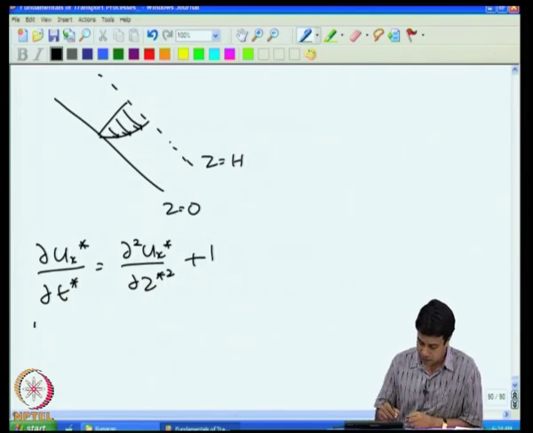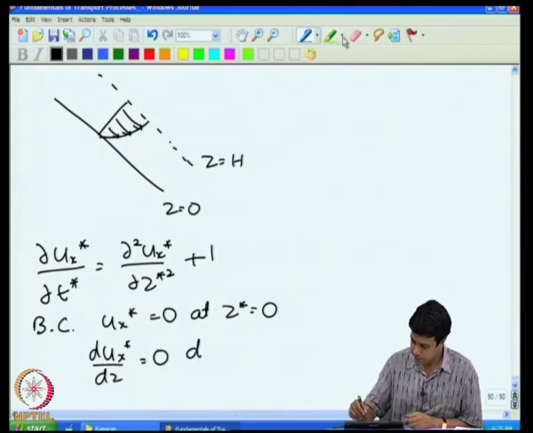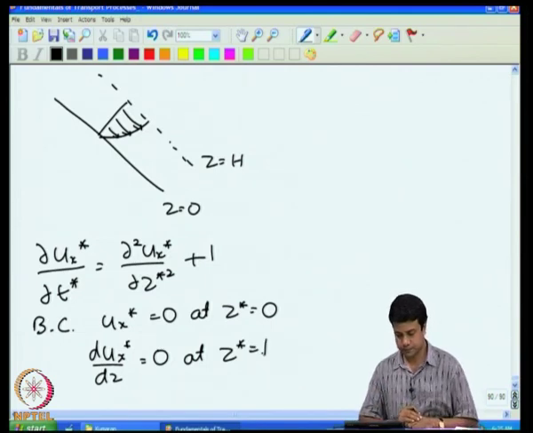The boundary conditions are ux is equal to 0 at z equal to 0, and the stress is 0 at z is equal to 1.